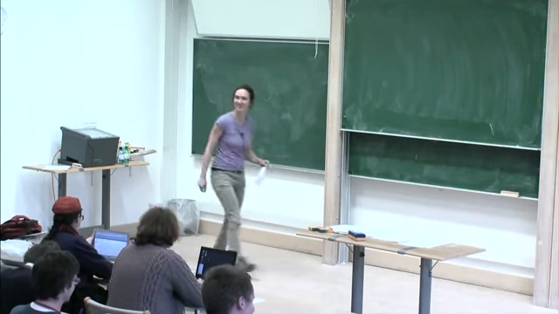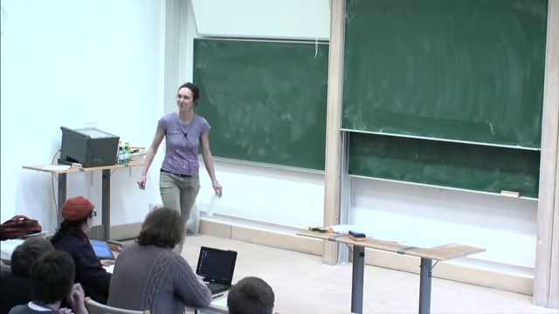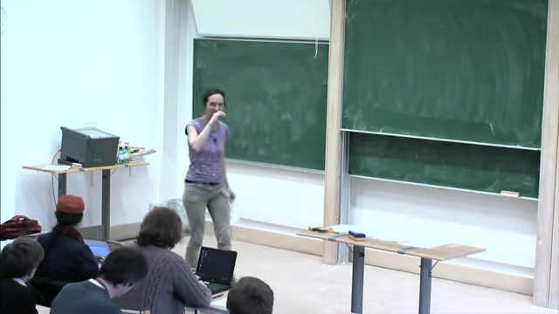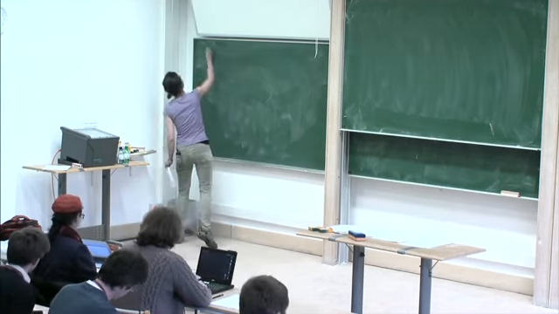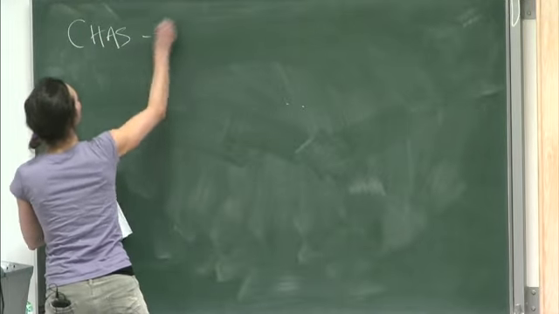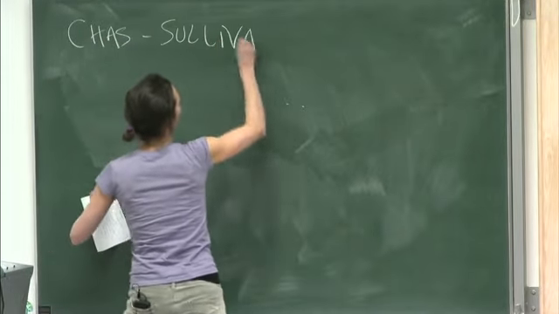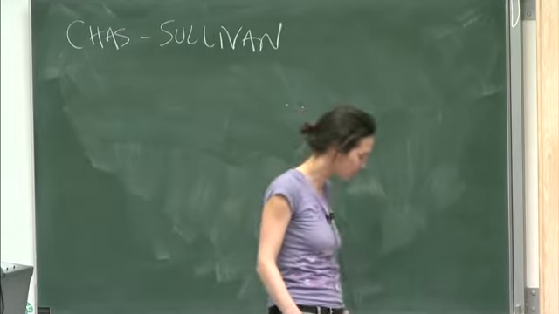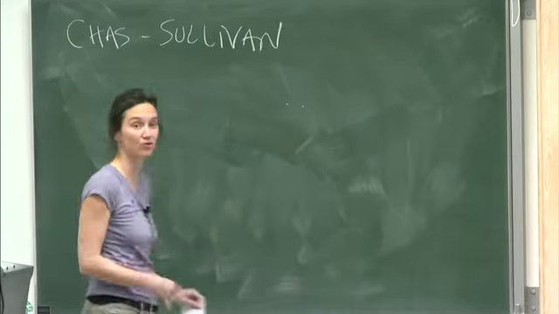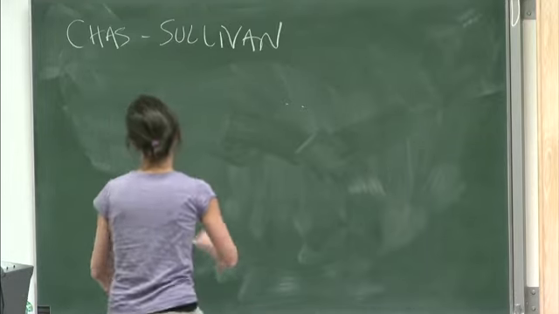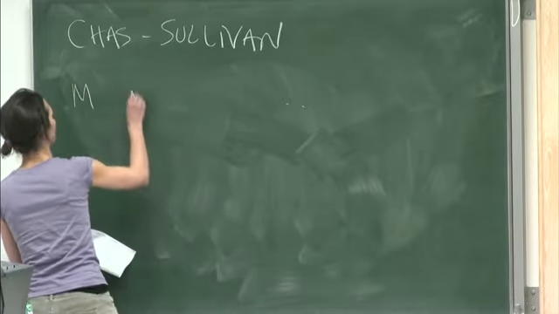So I want to talk about higher string topology. Let's start with string topology. This is something that goes back to Chas and Sullivan. I'm going to talk about string topology on manifolds. So I'll have a manifold.